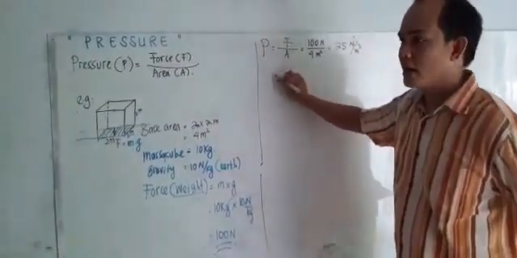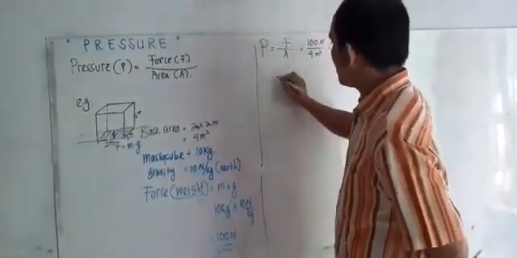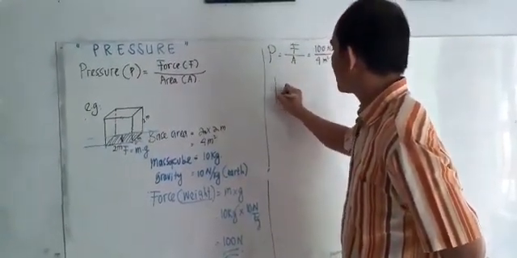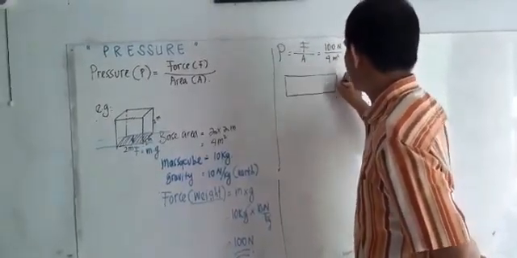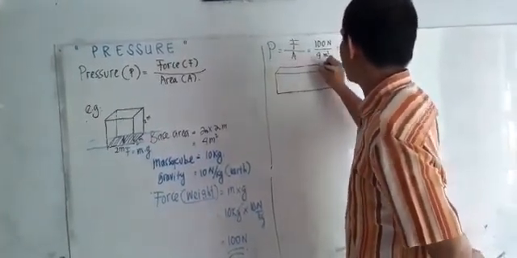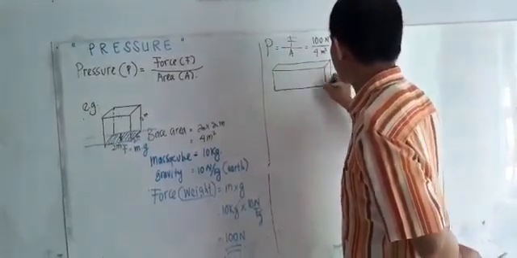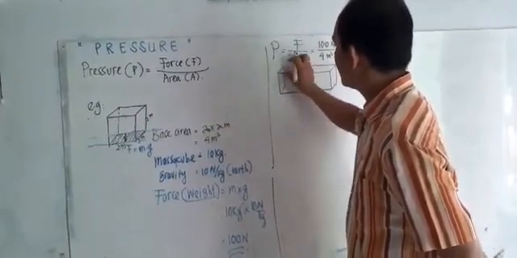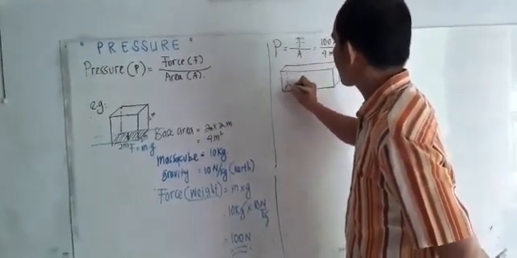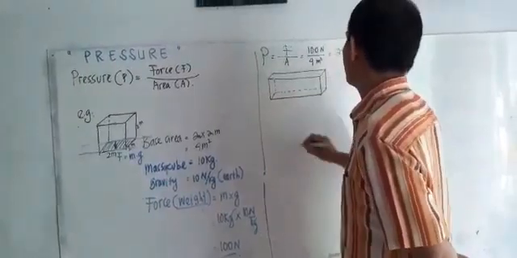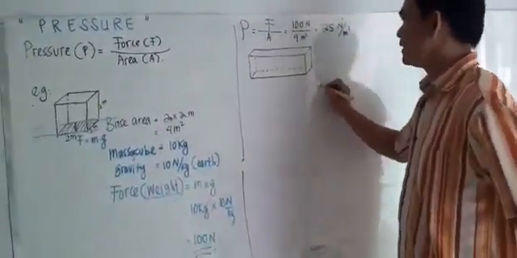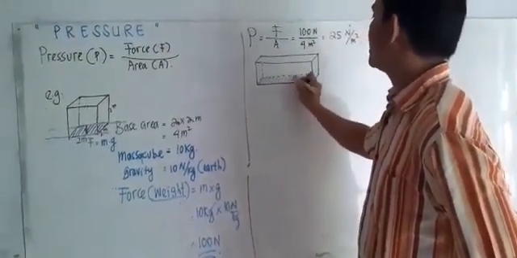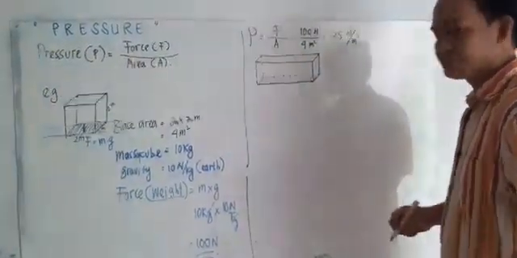Let me compare to another object, like a rectangle, another object with another length. Let's take a block, for example, like this. Here we see that the base area of the block is what I lined here.